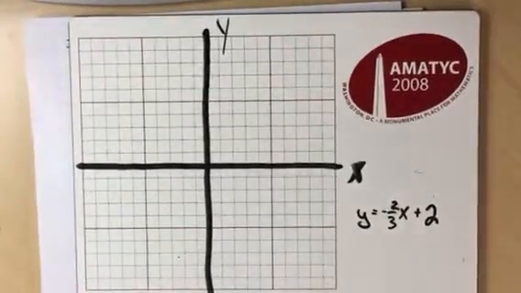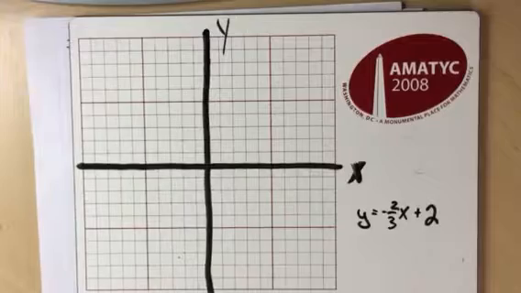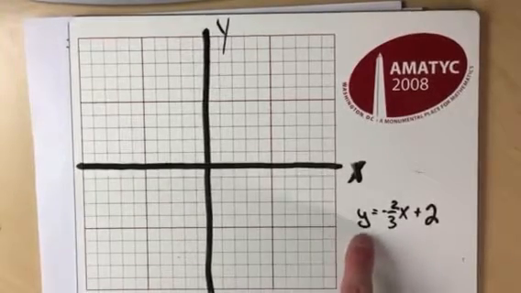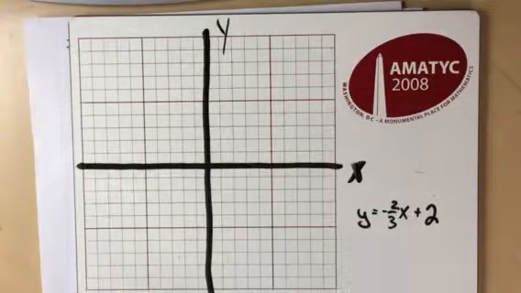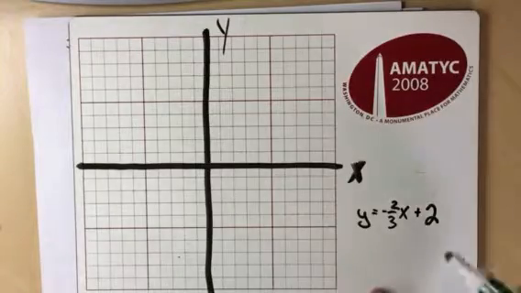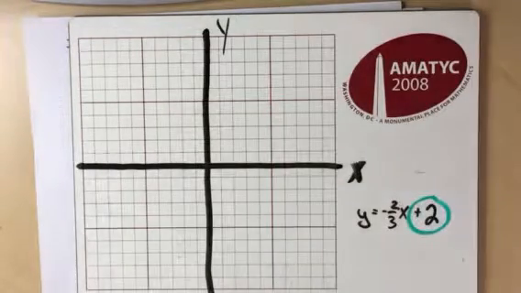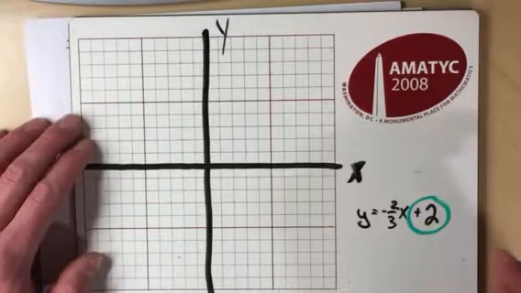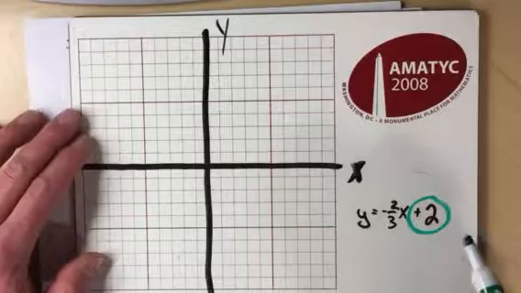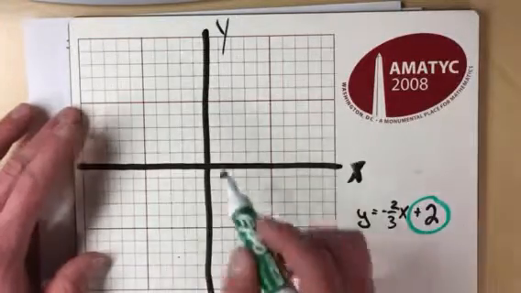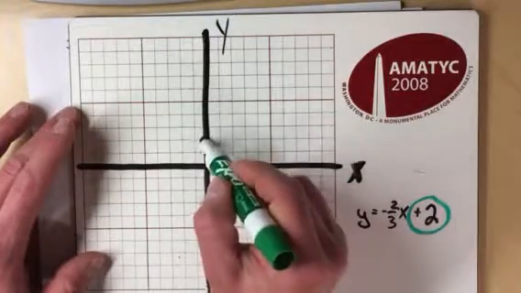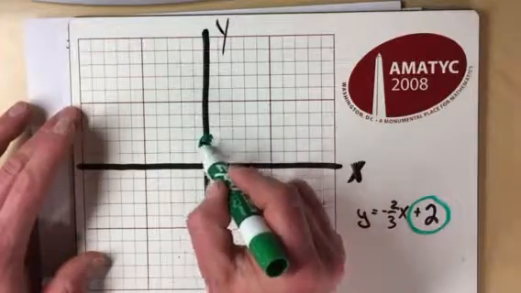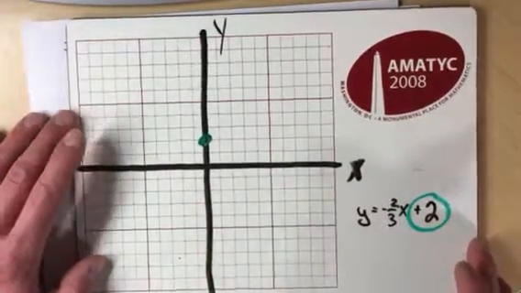So the first thing we do is, if we can get our equation to look like this, then we always start with that, which we said the point 0, 2 is our y-intercept. So if we find that point on the graph, 0, 2, right there, we always start with that point.